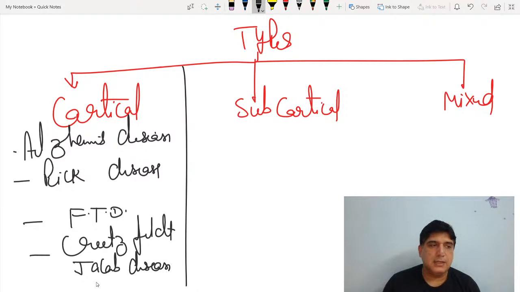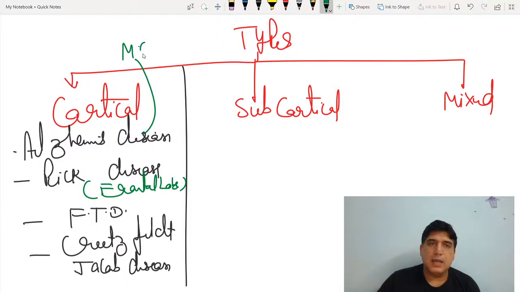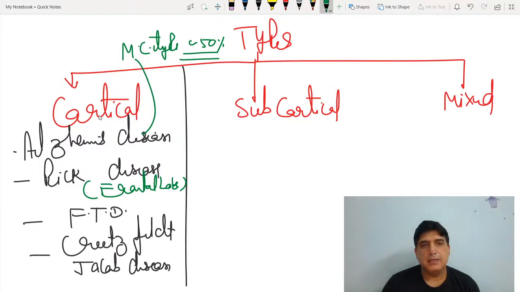So Alzheimer disease, Pick disease, frontotemporal dementia, Creutzfeldt-Jakob disease. Fatafat. Another name of Pick disease is what? Frontal lobe syndrome. Alzheimer disease is the most common type of dementia. Roughly 50% of patients suffer from what? Alzheimer disease. 50% of patients.